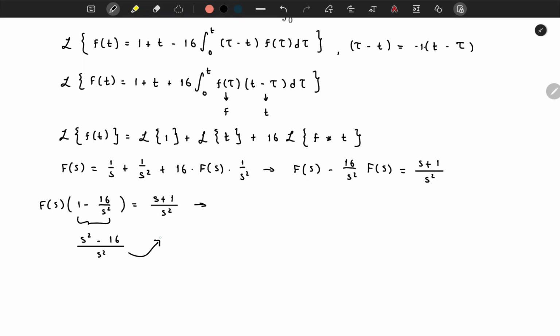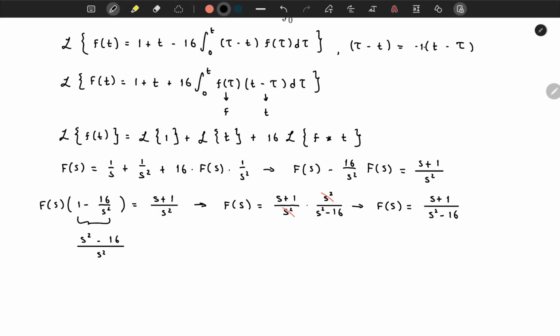We can then move this to the other side, and we can see that the s squareds cancel out, leaving us with s plus 1 over s squared minus 16.